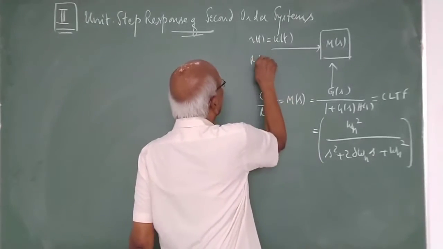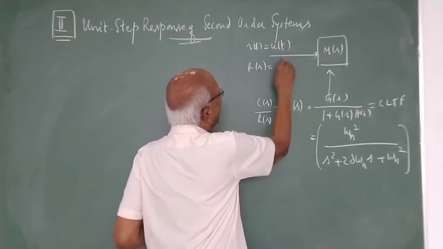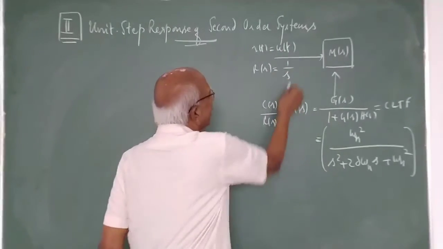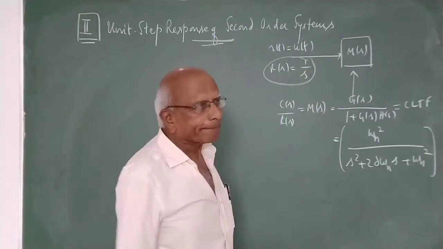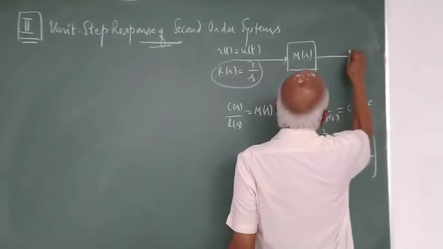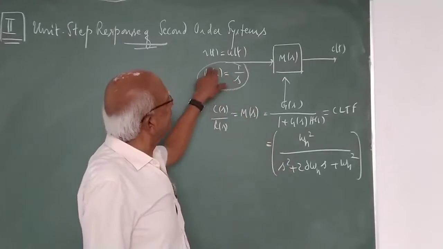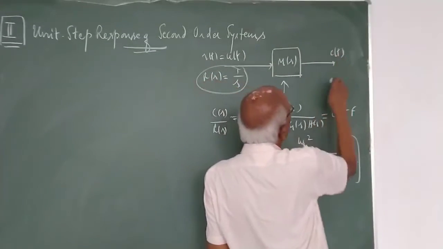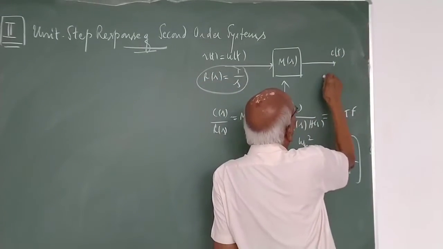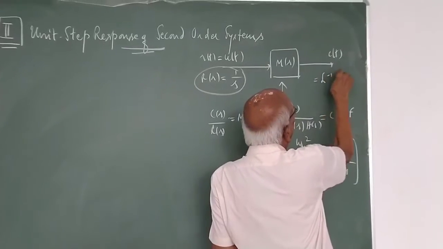What is R of s for this? Laplace of this, which is 1, giving you 1 by s. More important for us, what do we want? We want C of t, the response for this input. Obviously this will be the step response, which is nothing but the Laplace inverse of C of s.